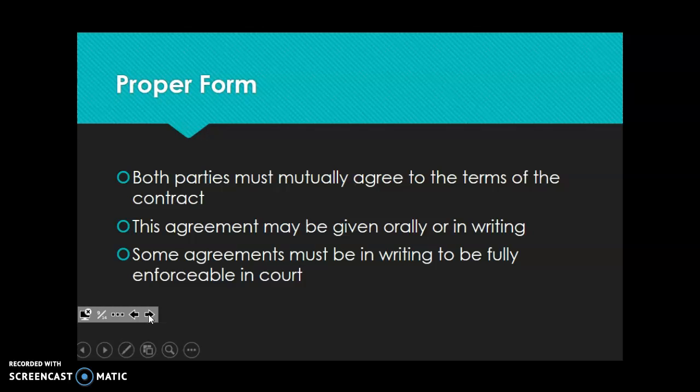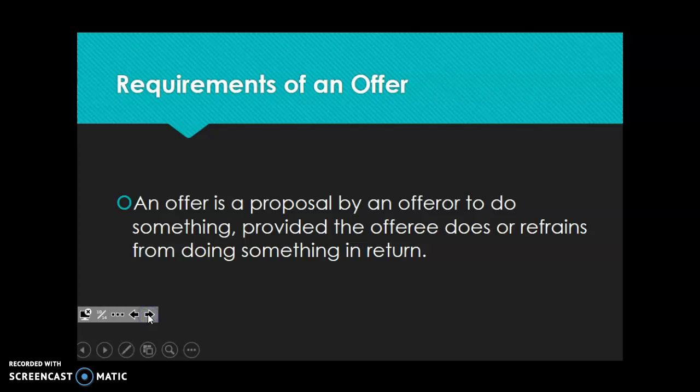The other thing is the requirements of an offer. An offer is a proposal by an offerer to do something, provided the offeree does or refrains from doing something in return. So, for example, if I am offering you my car, I will sell you my car provided you give me $400 for it.